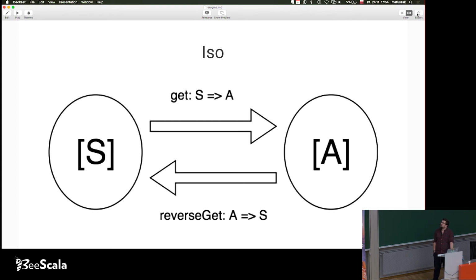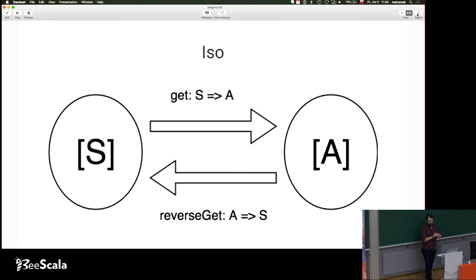Examples of Isos are, for example, changing Celsius degrees to Fahrenheit degrees. For every Celsius degree, there is a mathematical formula which will convert it to Fahrenheit. You can always change metrics, for example. You can always go from meters to centimeters and from centimeters to meters.